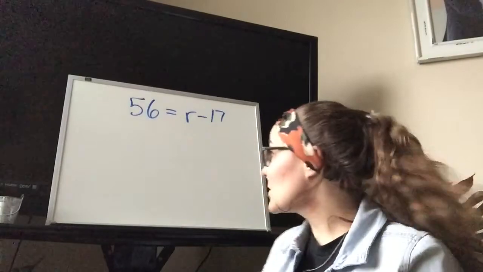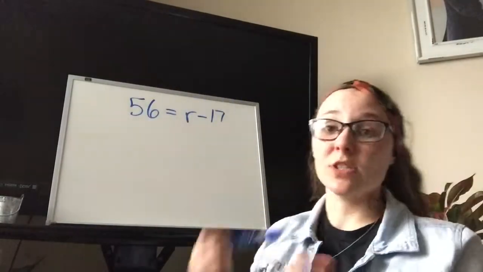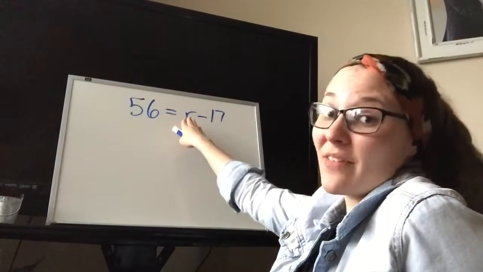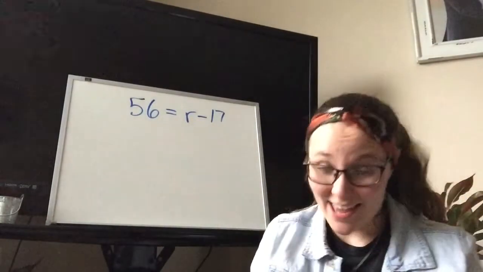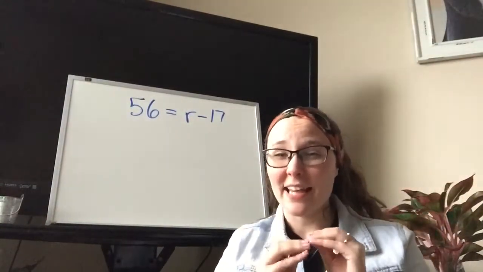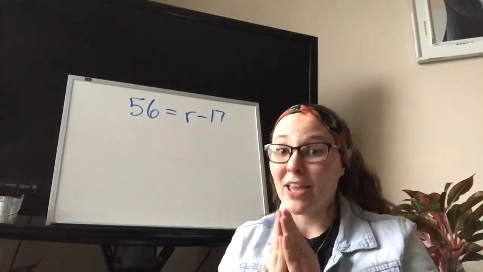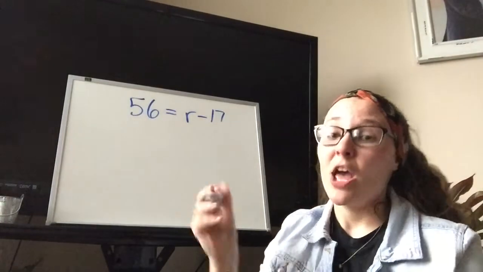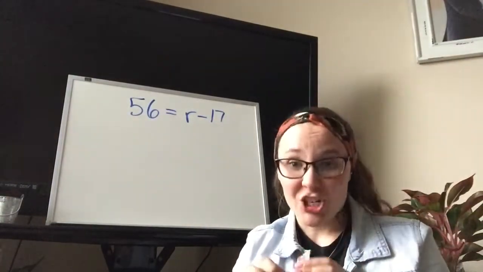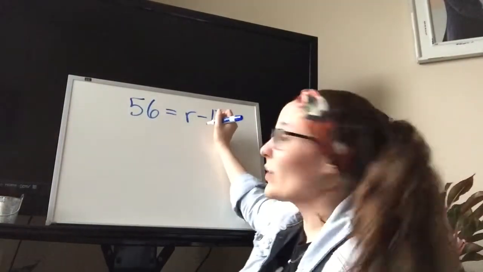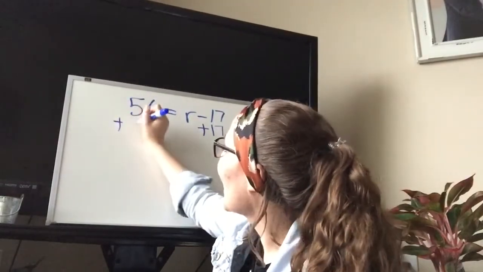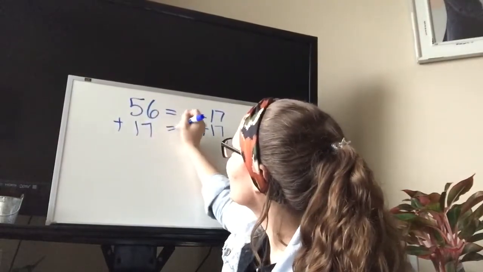All right, our next problem is 56 equals r minus 17. Don't panic that the variable is on this side of the equation. It doesn't change anything. Our goal is still to isolate that variable, and we're going to do that by using the inverse operation of subtraction this time, and the inverse operation of subtraction is addition. So we are going to add 17 to both sides of this equation.